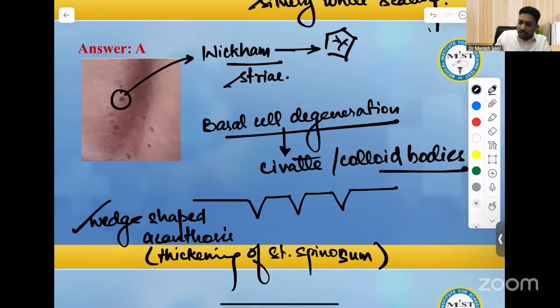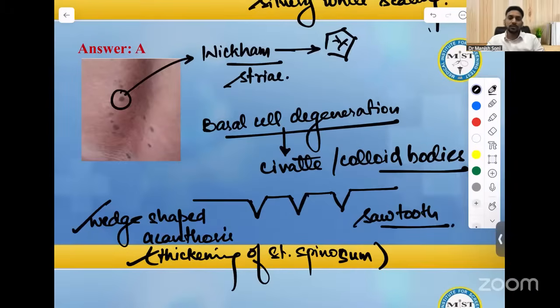Because it is wedge-shaped, something like this, it appears like a saw tooth. So this is also known as sawtooth acanthosis.